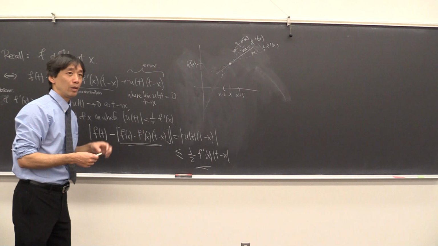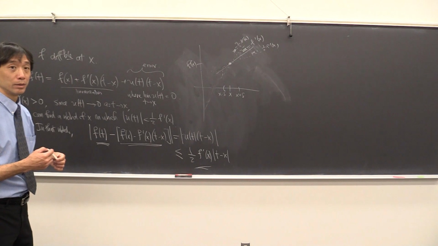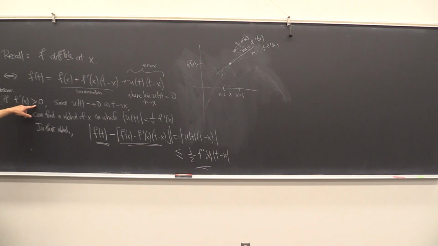I just want to restate: for any point where the function has derivative greater than 0, the function value is bounded by that bow tie.